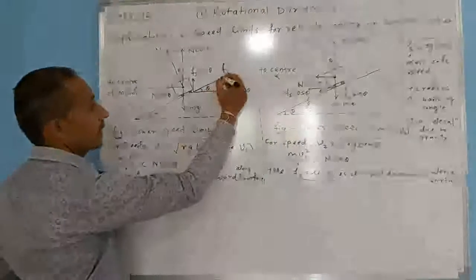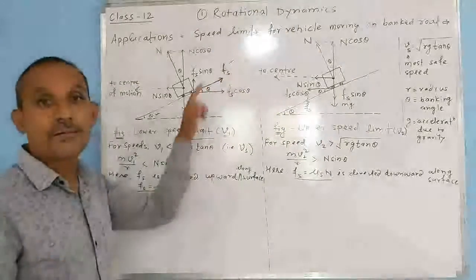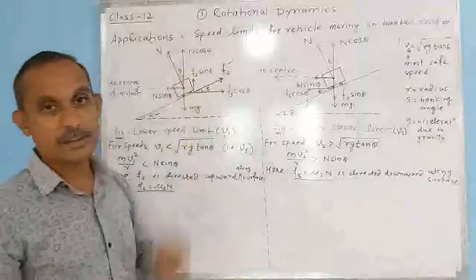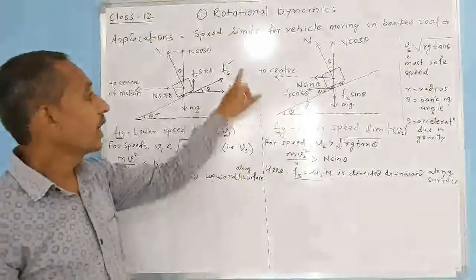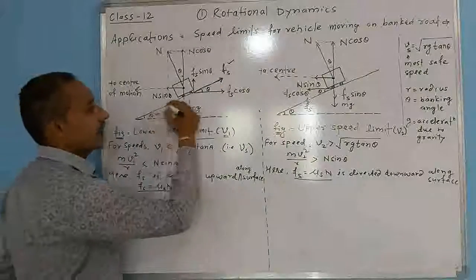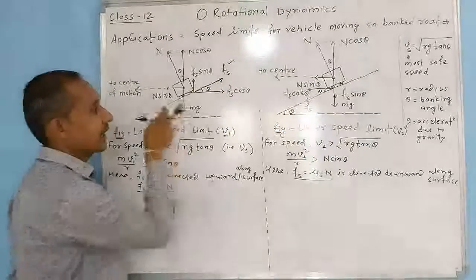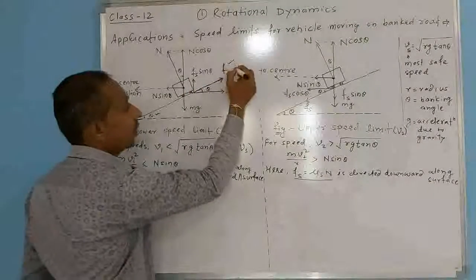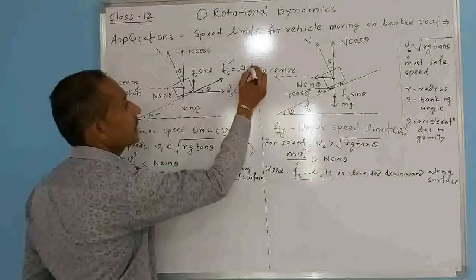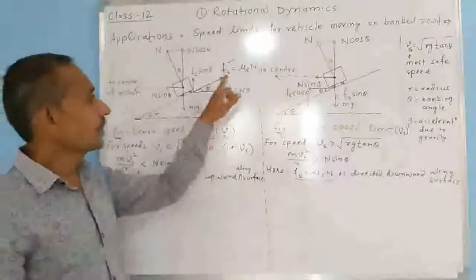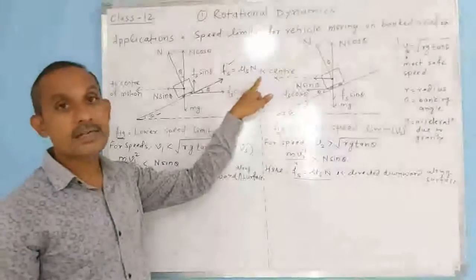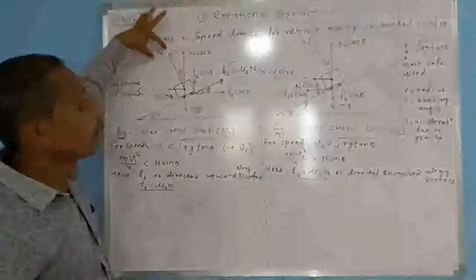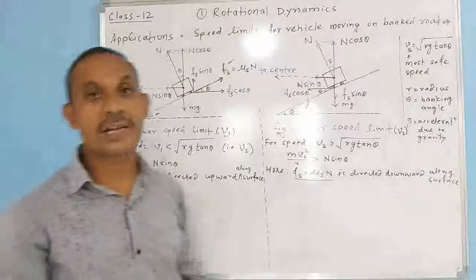So this is the actual direction of the frictional force Fs. The frictional force Fs is directed along the surface and upwards, and it is always equal to mu s N. It depends on the normal reaction force.